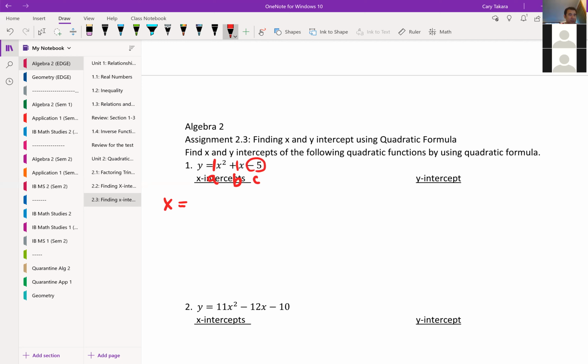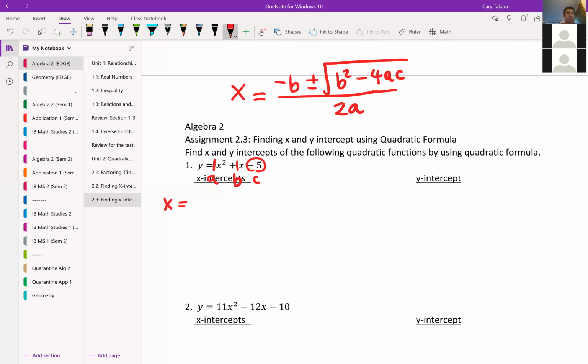Okay, so when you apply the numbers A, B, and C into the quadratic formula, let's write it down. The quadratic formula is -b plus minus the square root of b squared minus 4ac, over 2a.